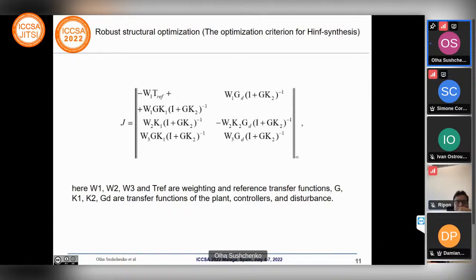Such an approach allows us to form desired properties of our control loops in the future. You can see 2 columns in this criterion too. The first column corresponds to the reference signal, and the second column corresponds to disturbance. That's why we call such systems, which can be designed using this criterion, two-degree-of-freedom.